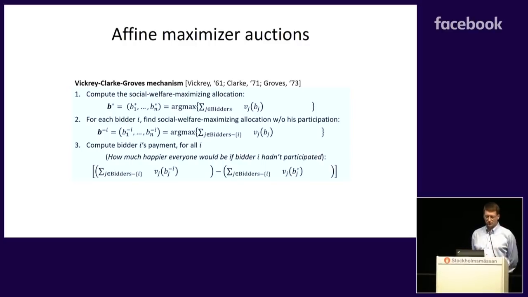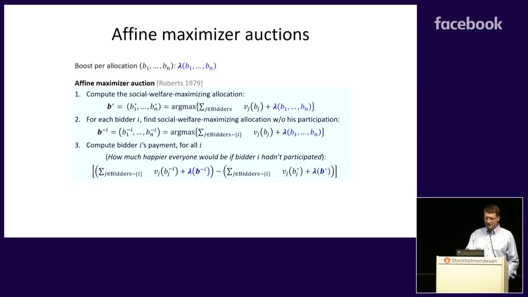Then we compute for each bidder the social welfare maximizing allocation without that bidder's participation. Then we compute how much that bidder has to pay. And that's just how much happier everyone would have been if that bidder hadn't participated. All right, so we talked about this already. This is just putting it in a nice form where I can add some things now.